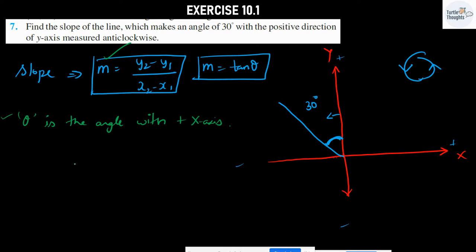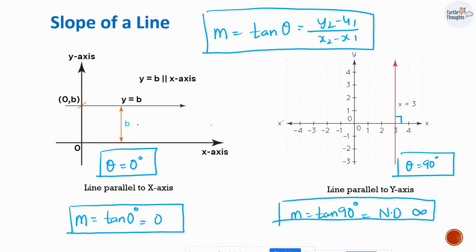But what is theta here? Theta is the angle which this line makes with the x-axis. So this whole angle will be the angle it makes with the positive direction of the x-axis. This is 90 degrees plus this 30 degrees. So will I be getting 120 degrees?